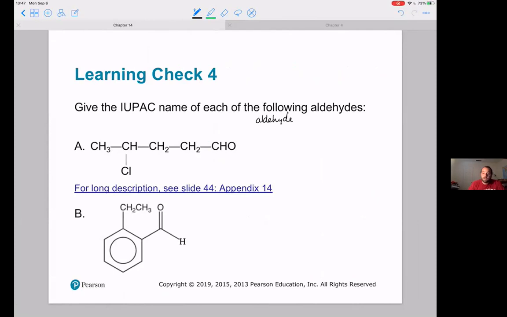Then I have to identify my parent chain, the longest continuous set of carbons. I'm going to start numbering. And again, remember, I'm always going to start numbering from that carbonyl carbon, from that group that contains that aldehyde. So 1, 2, 3, 4, 5. So this will be a pentanal.